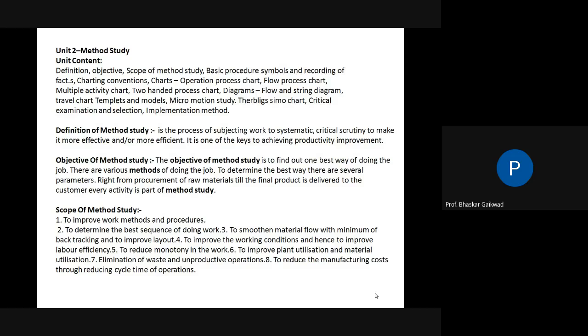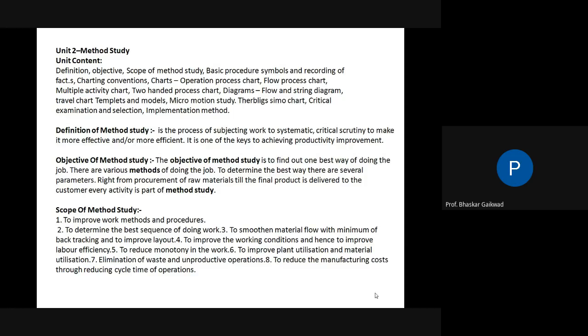Then the next point is to reduce the manufacturing cost through reducing cycle times of operation. Suppose one job on a CNC machine, turning, boring, chamfering, step turning. To make the job, suppose we require 10 minutes. Now, how can we reduce this time? Instead of 10 minutes, if you make it 8 minutes, 2 minutes we can save.